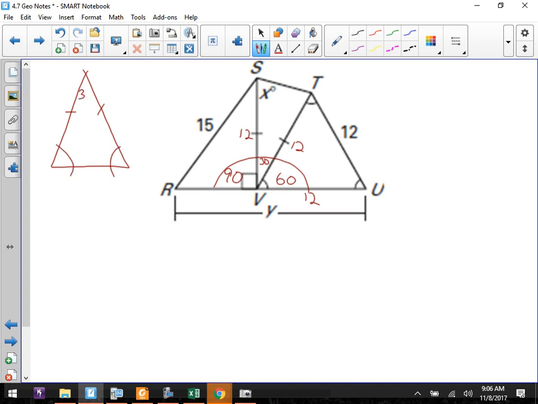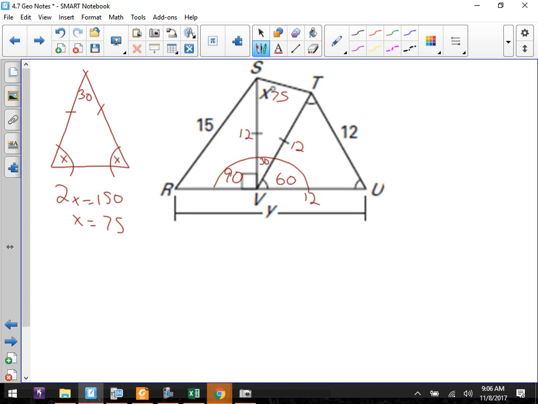If this is 30 degrees up top, how many degrees are left for both base angles? 150. So if these are both x, 2x is 150, which gives you x, so there's your angle here. Now, we still have to figure out what's left over for that entire base side.